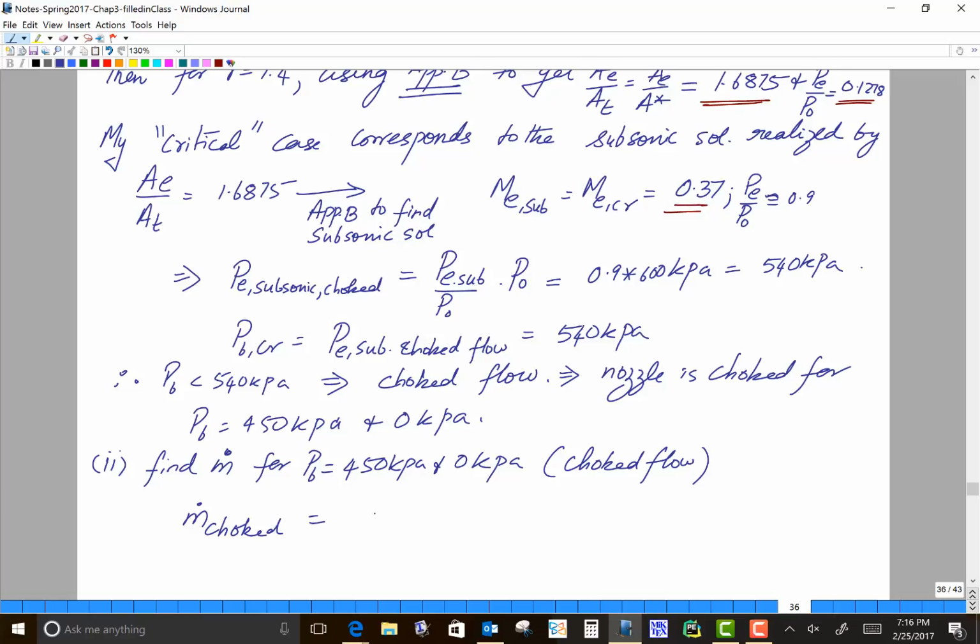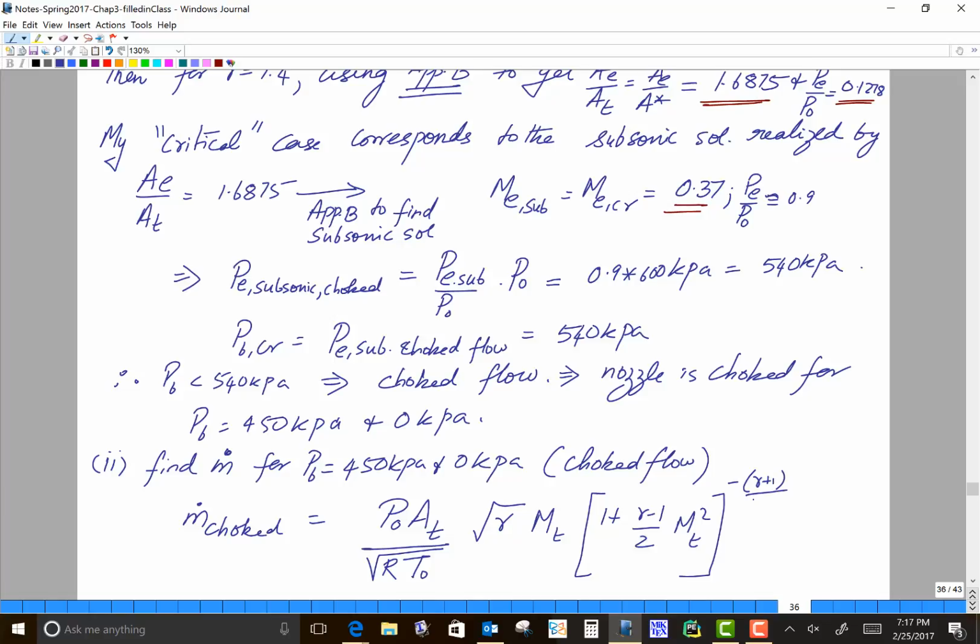So m dot choked is nothing but P naught AT. I already know my throat area. In the choked flow, the Mach number at the throat is 1. So m dot choked equals P naught AT by square root of R T naught, times square root of gamma, times MT, times 1 plus gamma minus 1 by 2 MT squared, raised to the power minus gamma plus 1 by 2 into gamma minus 1.